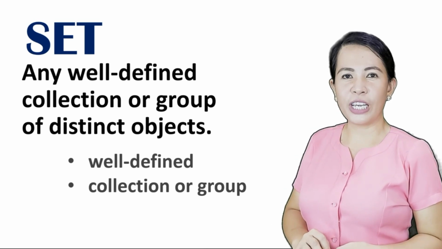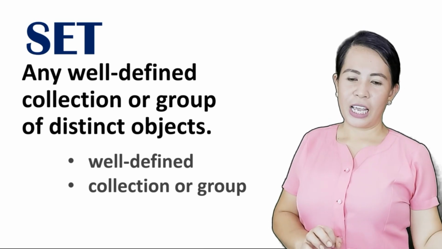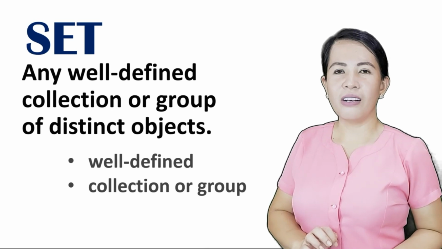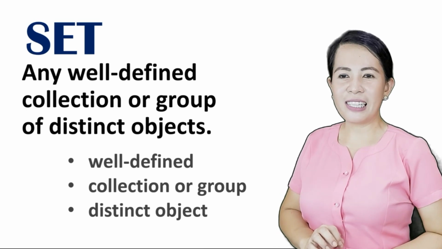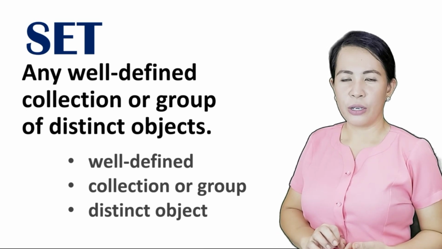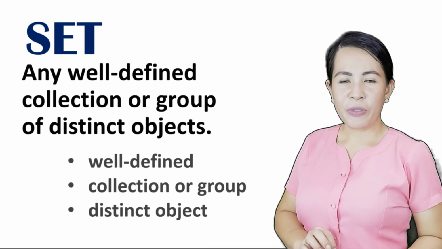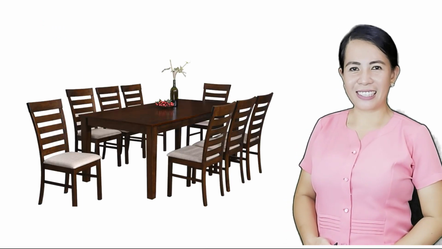Like for example, you have a pool of researchers, a pool of pens, a pool of Barbie dolls, or a collection of Barbie dolls. And lastly, distinct object. When we say it is a distinct object, it is unique and there should be no repetition in a set.